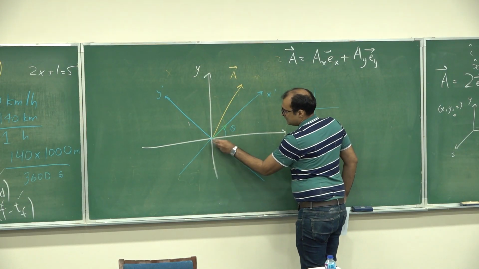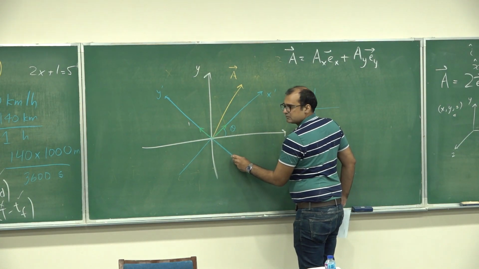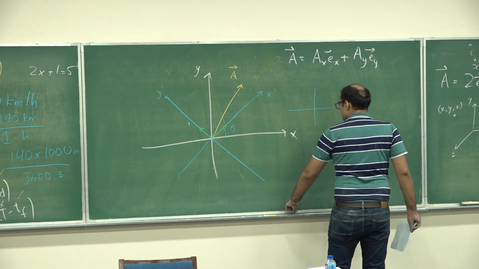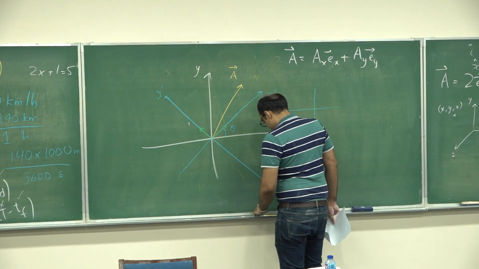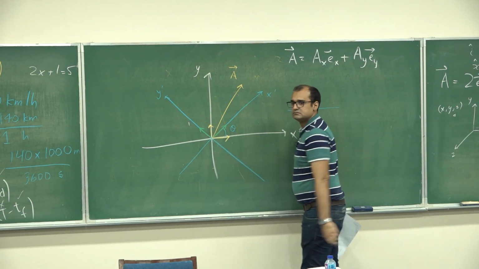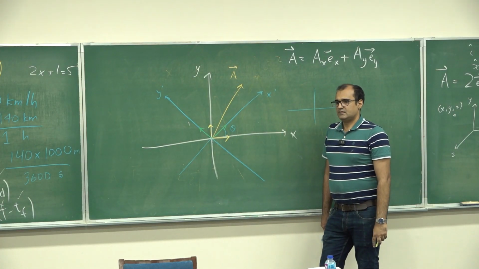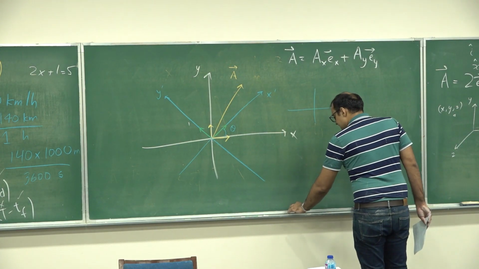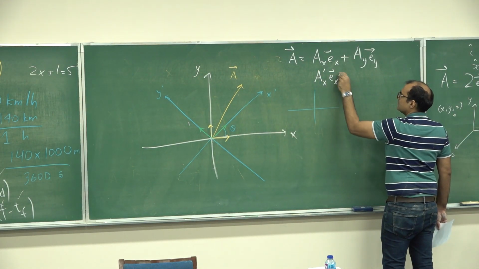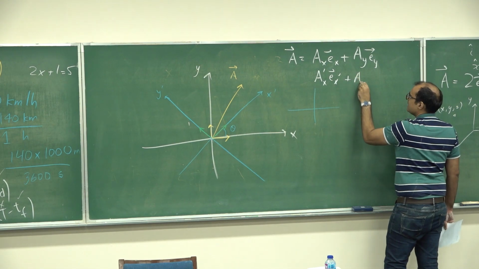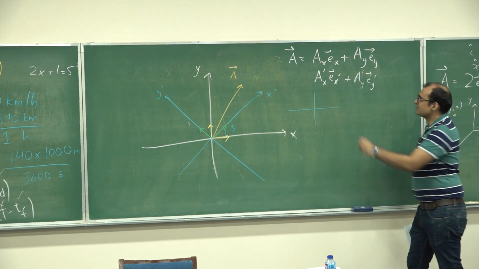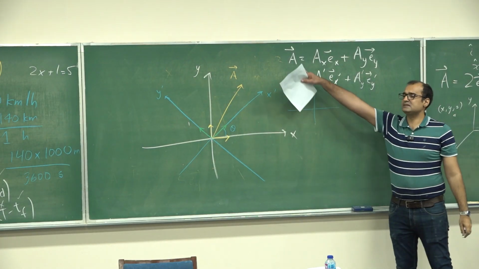This is ex prime. This is ey prime. And this is ex and this is ey. So you can write down the same vector as ax prime ex prime plus ay prime ey prime. And this, of course, has to be equal because it's the same vector.